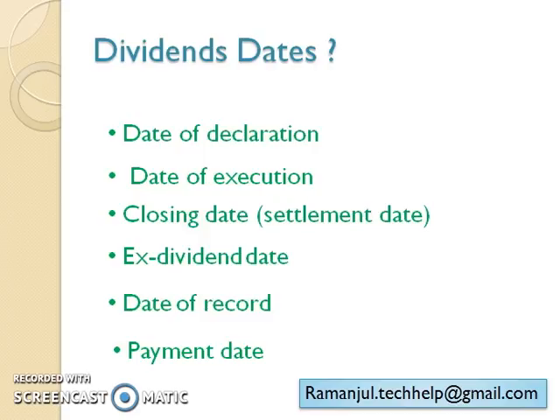This is the date of record. This is used to identify which stockholder qualifies to receive the declared dividend. Because stocks are bought and sold every day, they have to decide on a date of record. Based on that only they will pay the dividends.